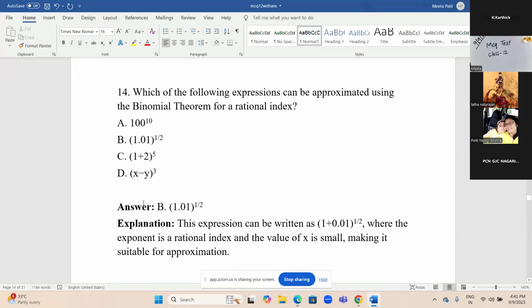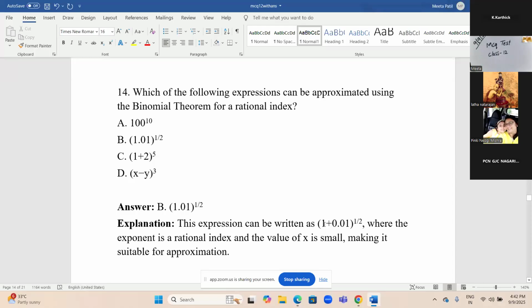Next one: which of the following expressions can be approximated using the binomial theorem for the rational index? Here we have the expressions, all in terms of real numbers, with decimal numbers.